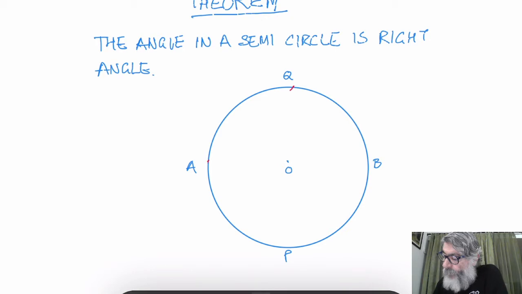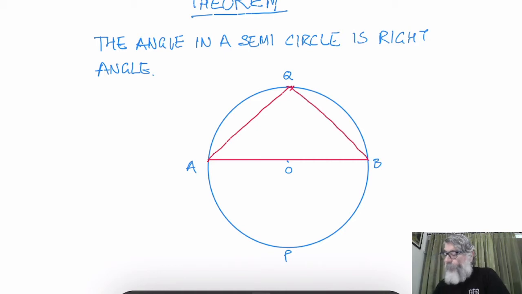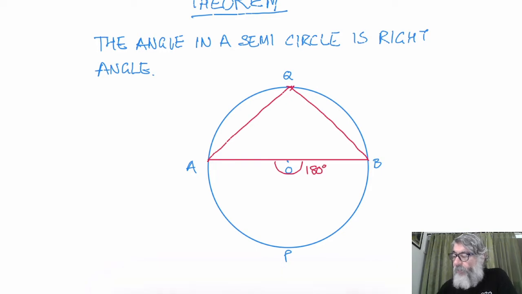Okay, let me draw. AOB is the diameter, and let me draw this line, and another line. So you can see in this circle the arc APB makes an angle AOB at the center, and this angle is 180 degrees.